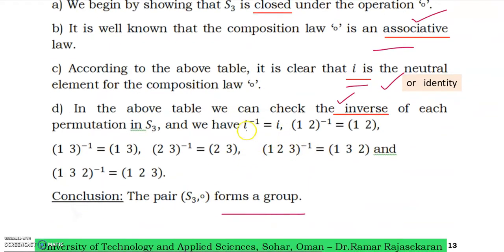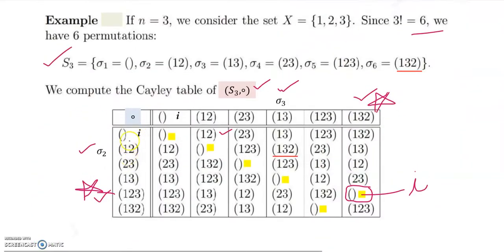Listed here: the inverse of the identity element is I, the inverse of 1 2 is 1 2, the inverse of 1 3 is 1 3. How are they writing this? For 1 2, you see the identity element, you go above, see 1 2. So the inverse of 1 2 is 1 2. The inverse of I is I. For 2 3, see identity, go above, 2 3. So the inverse of 2 3 is 2 3.